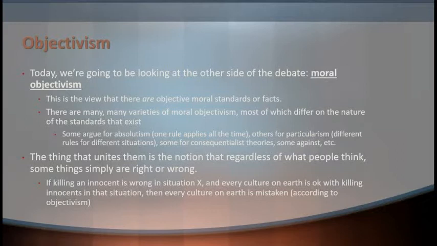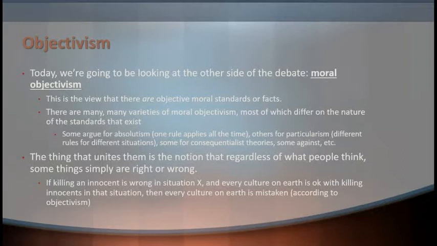And we're not going to be talking about any one in particular. Instead, we're going to be talking about the idea that unifies them as objectivism. And that is the notion that regardless of what people think, some things simply are right or wrong. So if killing an innocent person is wrong in situation X, and every culture on Earth were still okay with killing innocents in situation X, then every culture on Earth is mistaken.